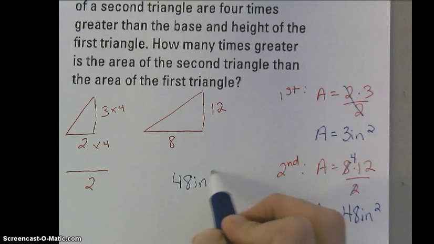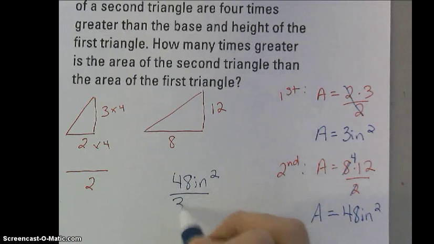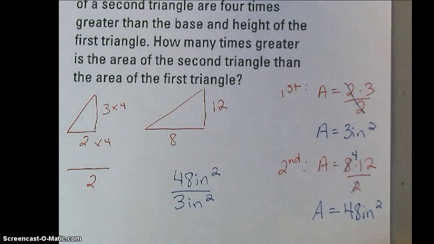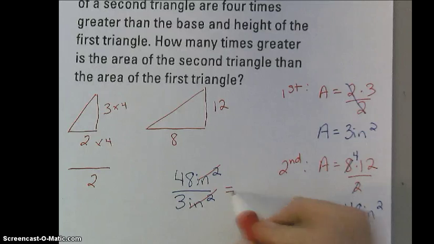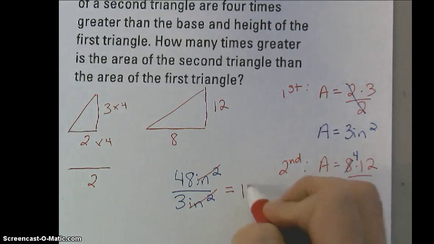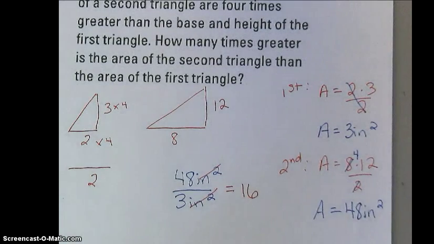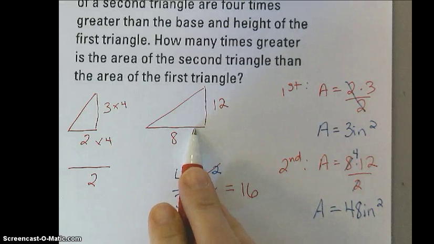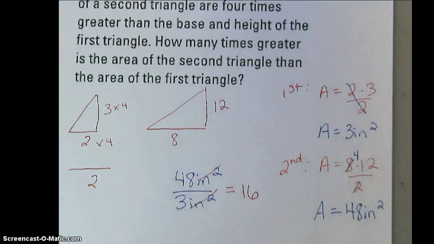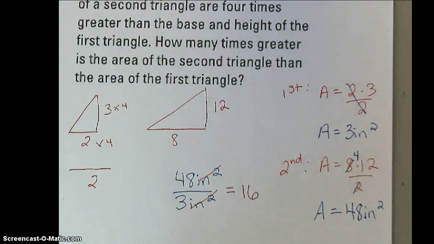So 48 inches squared over 3 inches squared. Inches squared and inches squared are going to cancel each other out. And 48 divided by 3 is 16. So this triangle here is 16 times larger than that one. The area is 16 times larger.